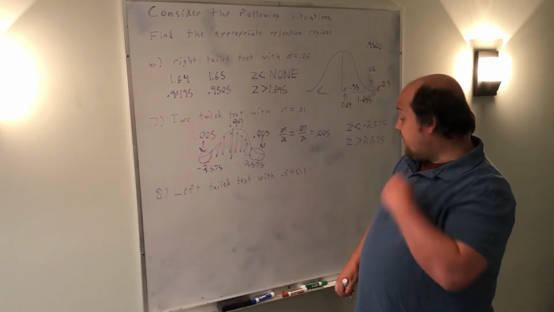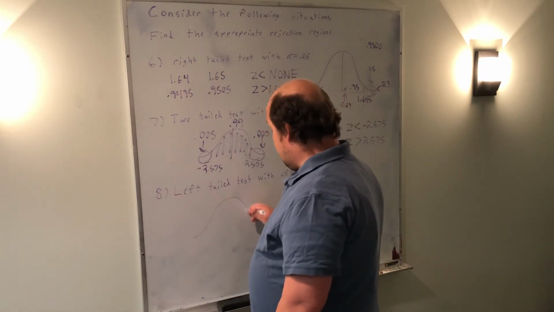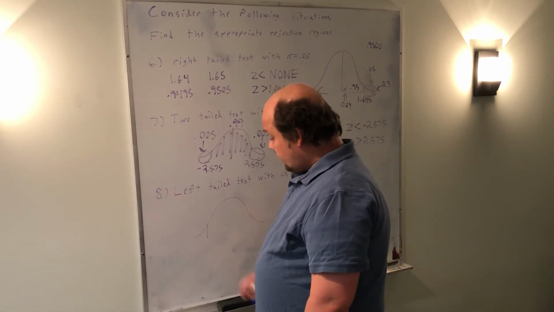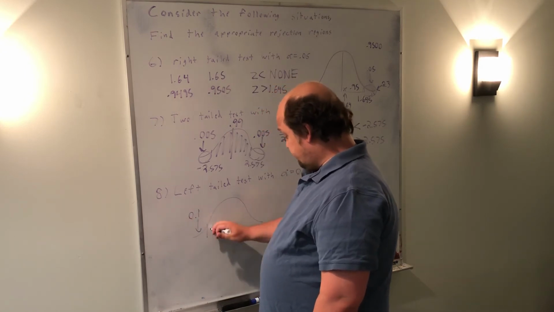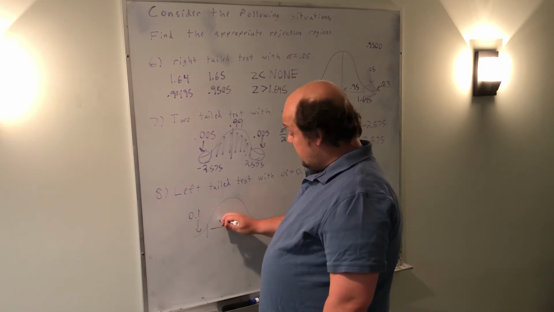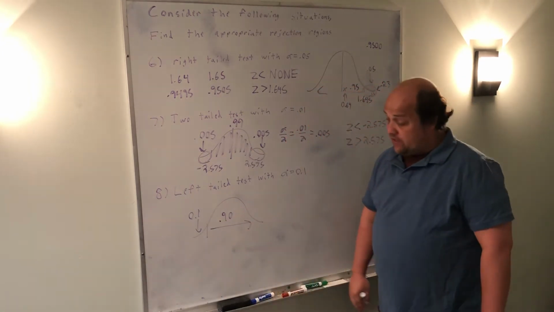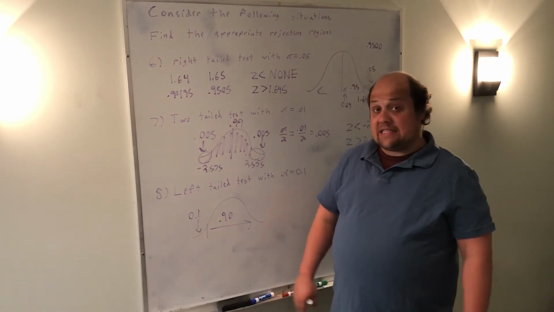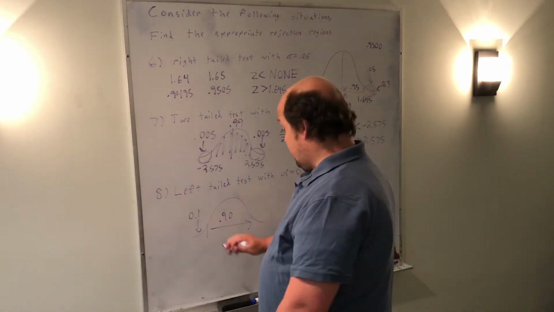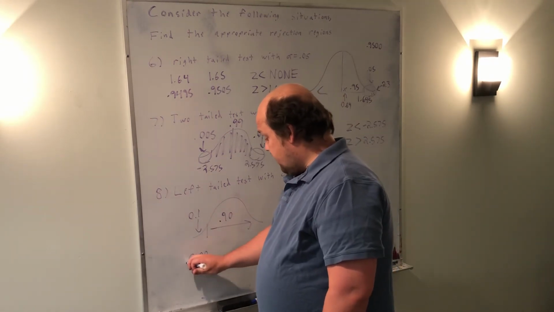Last one here says a left-tailed test with alpha equals 0.1. What that means is my region of rejection is going to be here, 0.1. Everything else is going to be 0.90. So this is 90% confidence with a left-tailed test. Since left tail is exactly how the table is organized, what I'm really looking up in the table is 0.1000.